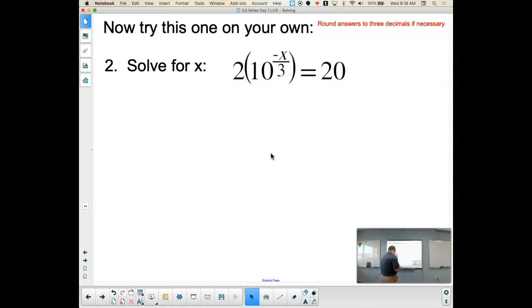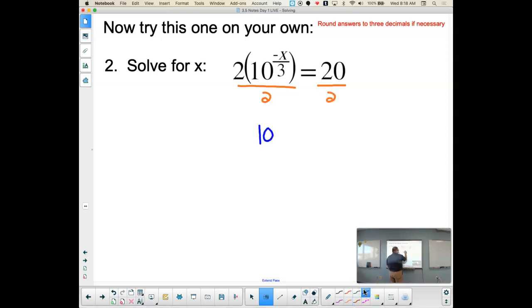All right, here we go. So first off, I would divide both sides by 2. That's going to give me 10 to the negative x over 3 power is going to equal 10. Now from there, I've got 2 choices.